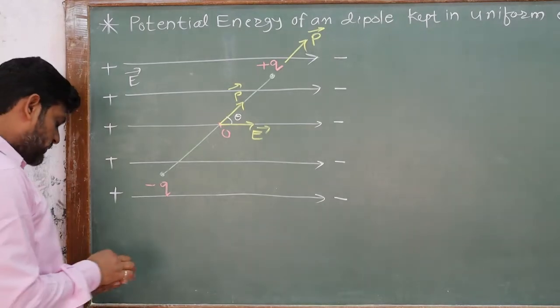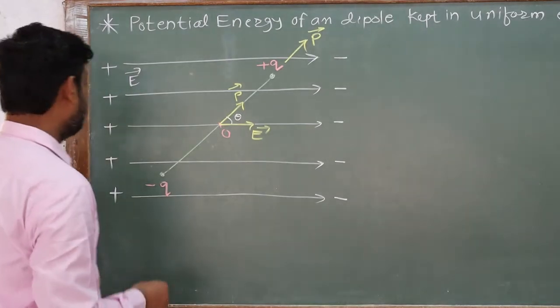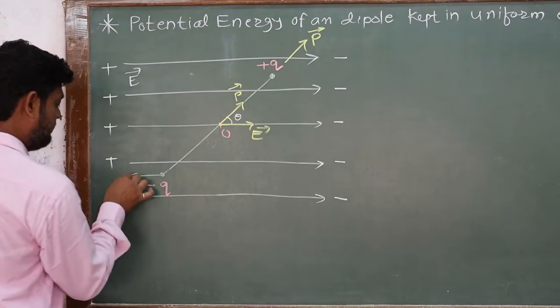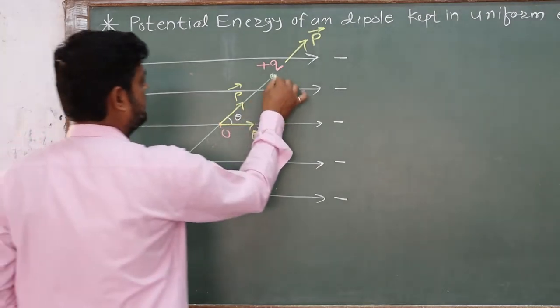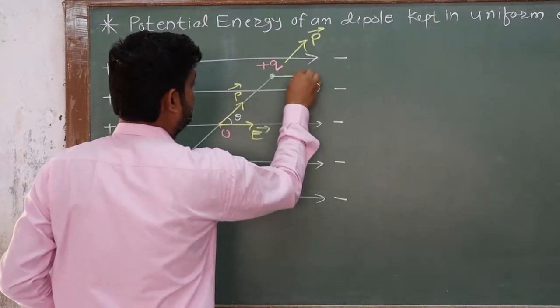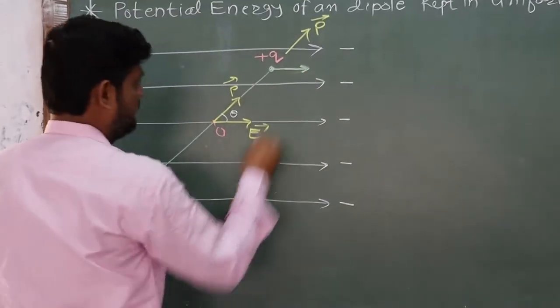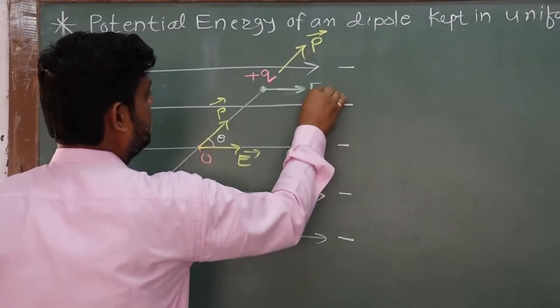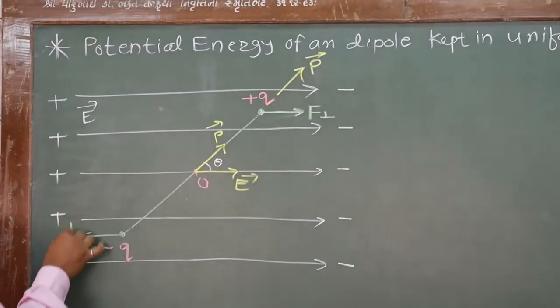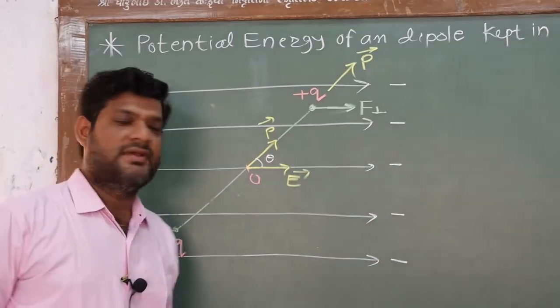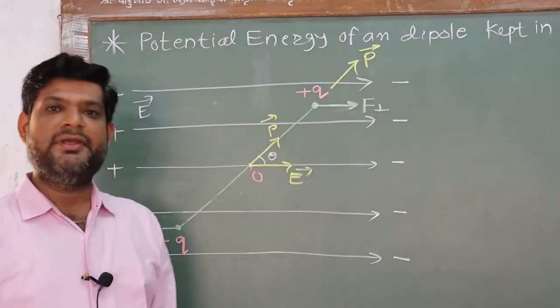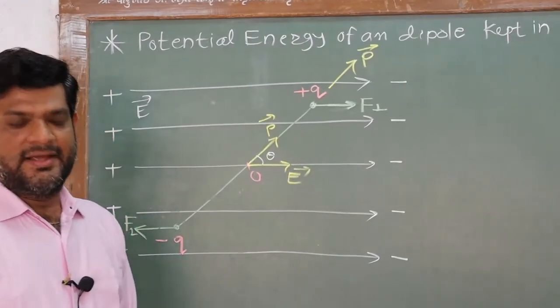The force acting on the negative charge will be directed in this way, and the force acting on the positive charge will be directed in this way. Suppose this is force 1 and this is force 2. So this is the diagram when the dipole is kept in a uniform electric field.